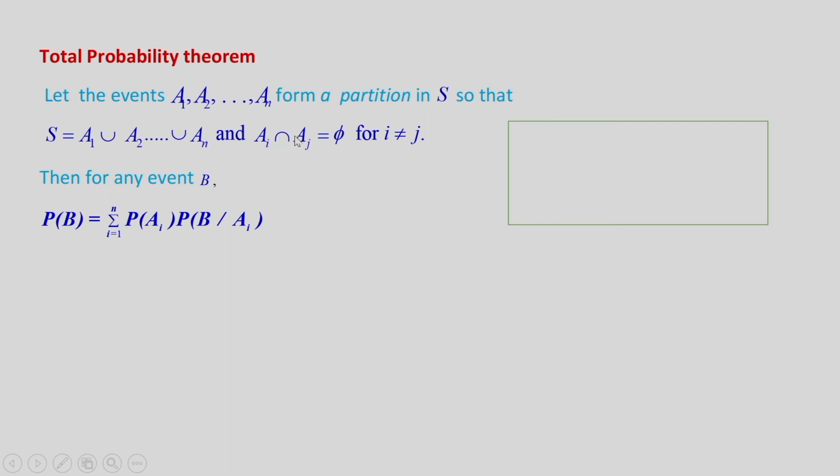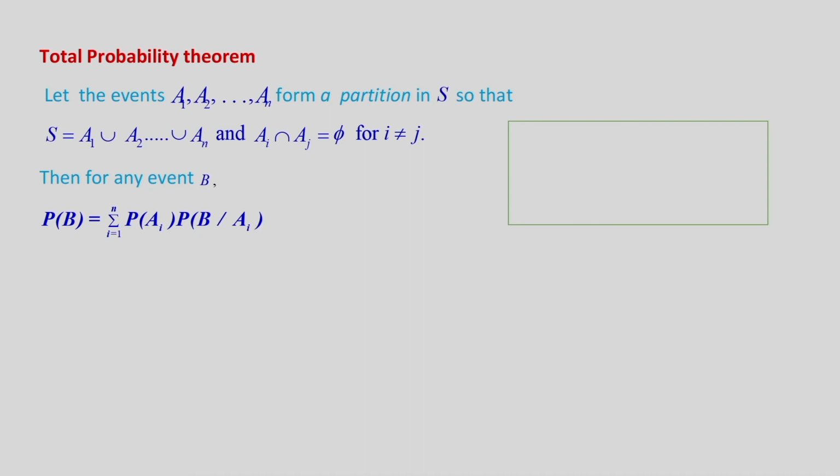So, Ai intersection Aj is equal to phi for i not equal to j. Then for any event B, if we have a partition, the probability of B is equal to the sum, i going from 1 to n, of P(Ai) into P(B given Ai).